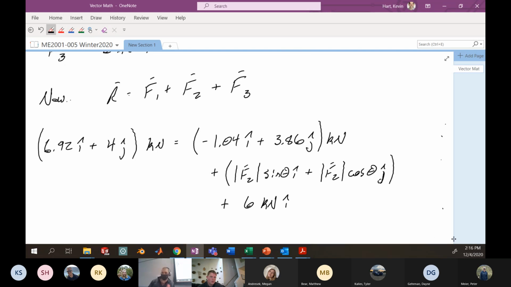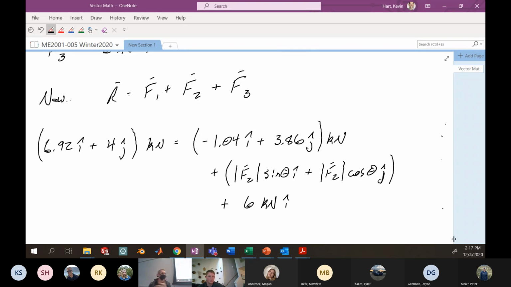Now here we have an important lesson when it comes to vector math. The orthogonal directions, like the i direction, the j direction, and the k direction, the x, y, and z directions, are independent of each other. What do I mean by that? Things that are happening in the x direction, we can change the magnitude of the vectors in the x direction without changing anything associated with the y direction.